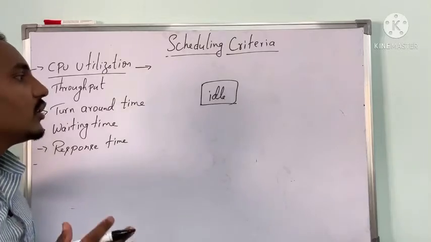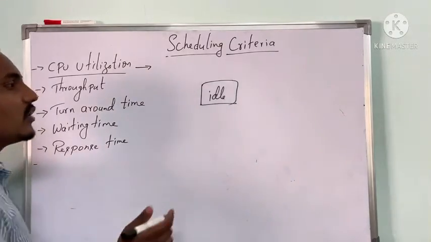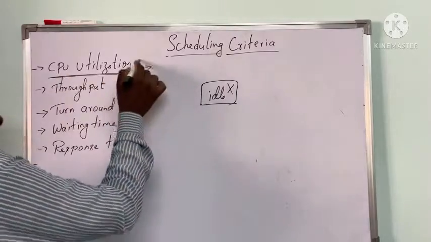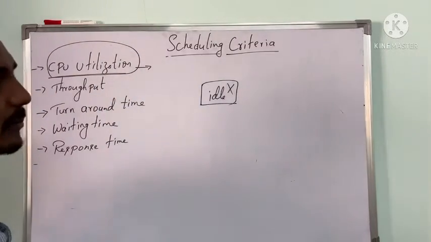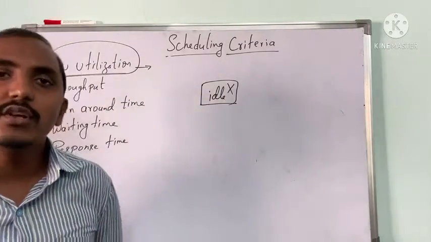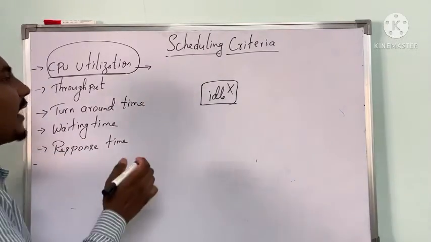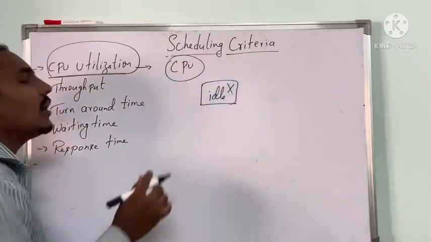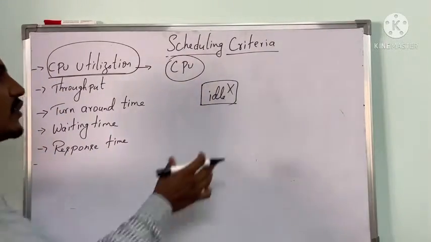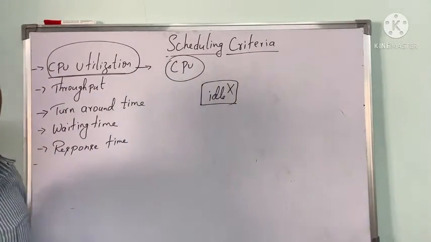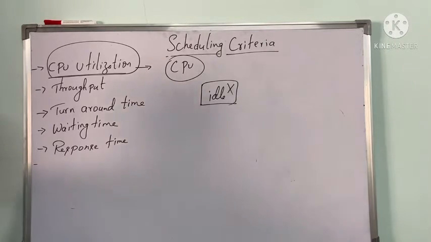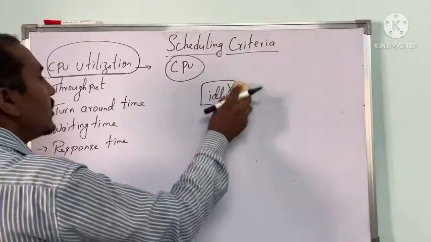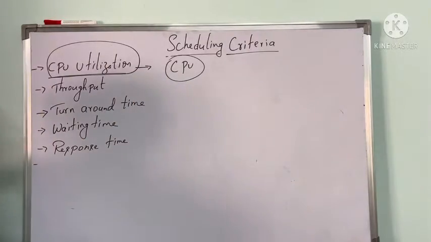When you allot more than one process for execution, the CPU will not be idle. So the main aim of scheduling criteria is to make maximum utilization of the CPU. We should avoid the idle state of the CPU, it should not be free, and we should give some process for execution to the CPU. So that is CPU utilization.